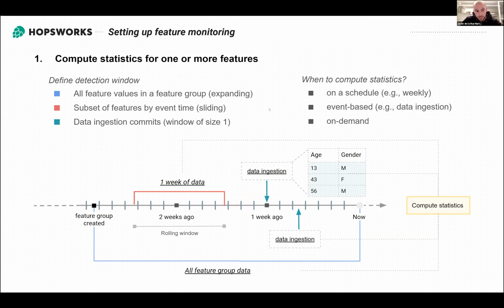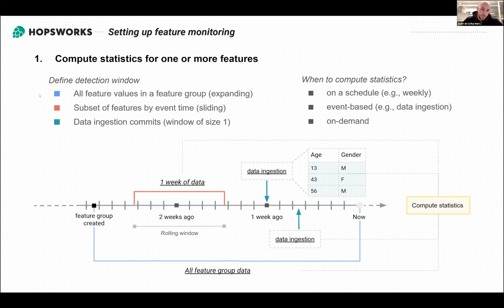If we look at the blue color, this detection window will cover the whole data in the feature group that we saw in the diagram before, which is the place where all the feature data will be written or stored. So in this case, it's a spanning window. This spanning window will cover from the origin of the feature group until the point where the monitoring is happening. So all this feature data will be used to compute the statistics.